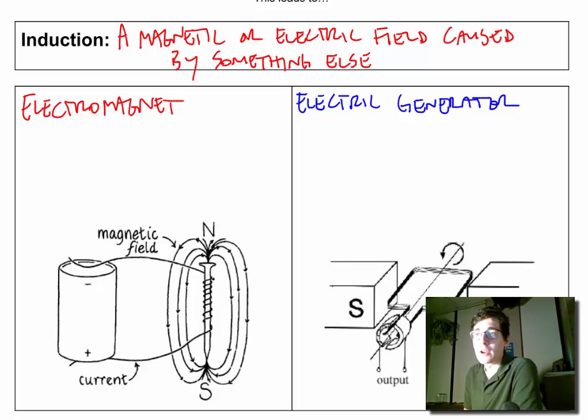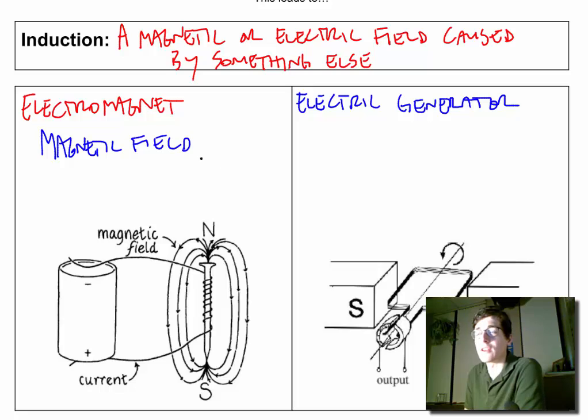So we take a battery, hook up some wires, and run electricity through the wire wrapped around the nail, and we induce a magnetic field. So an electromagnet has a magnetic field, so we get those attractive areas. Magnetic field induced by electricity.